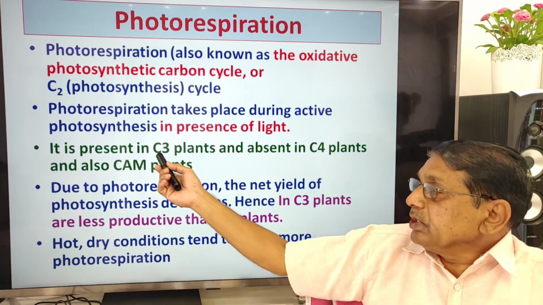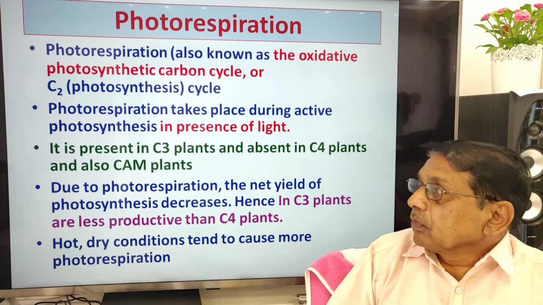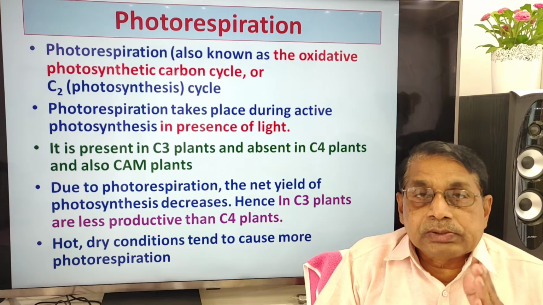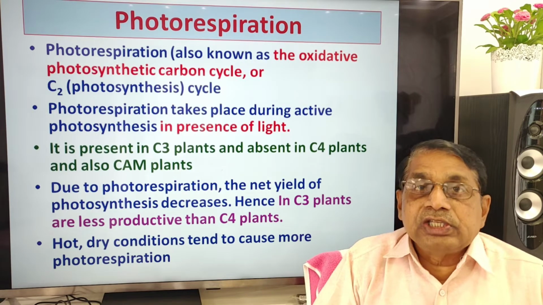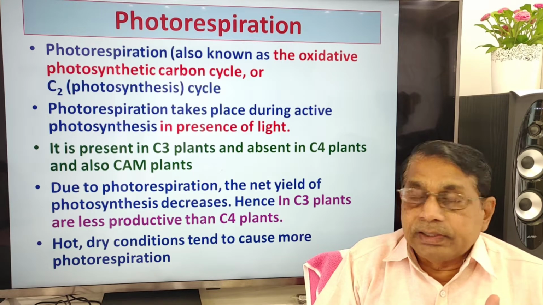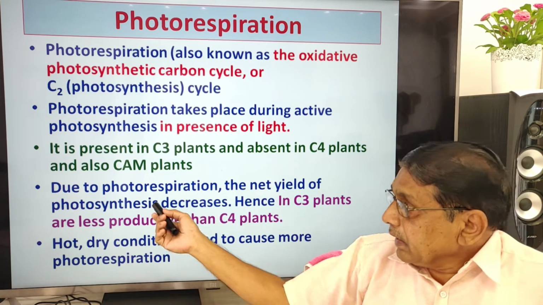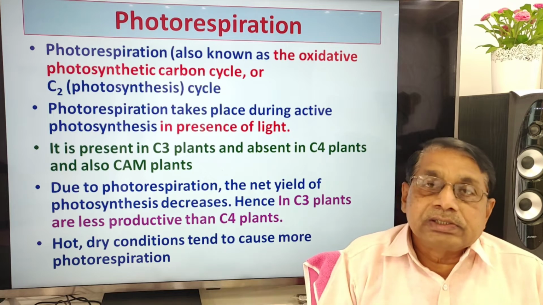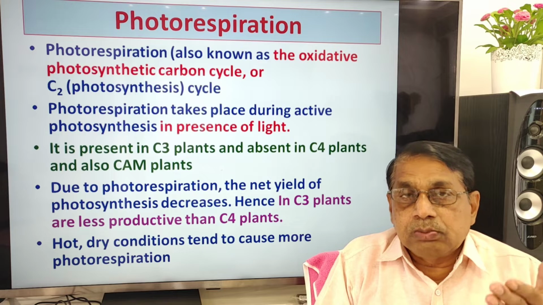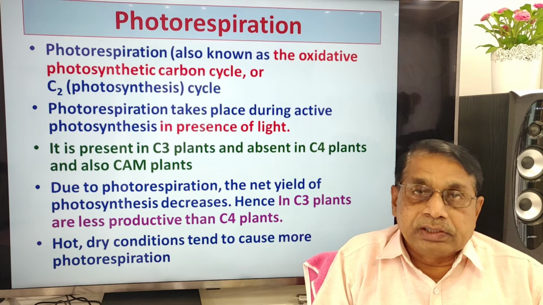It is present in C3 plants, absent in C4 plants. Due to photorespiration, the net yield of photosynthesis decreases. Respiration is an oxidative process in which energy-rich molecules are broken down; it is a catabolic type of reaction.